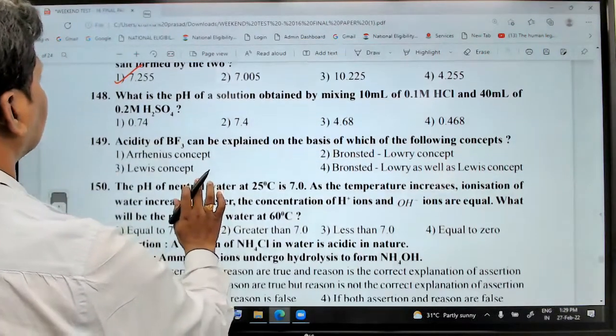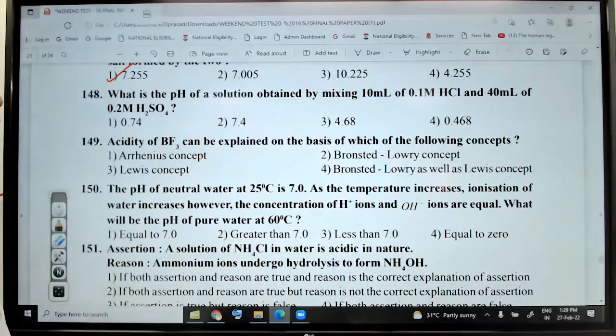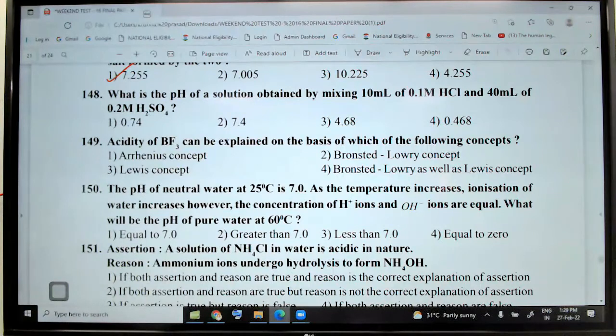Now question 148. What is the pH of the solution obtained by mixing 10 ml of 0.1 molar HCl and 40 ml of 0.2 molar sulfuric acid?